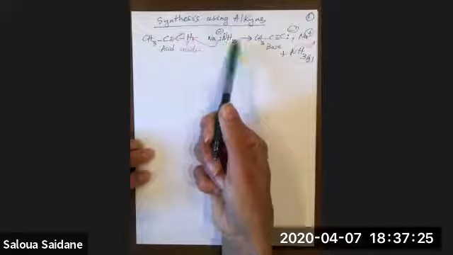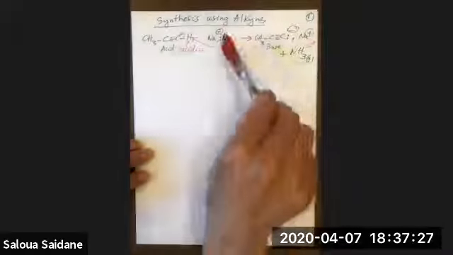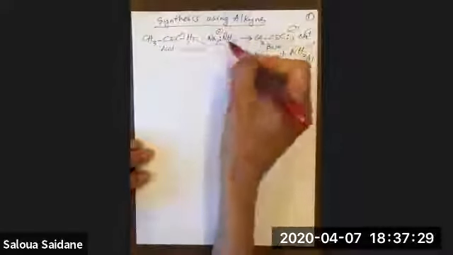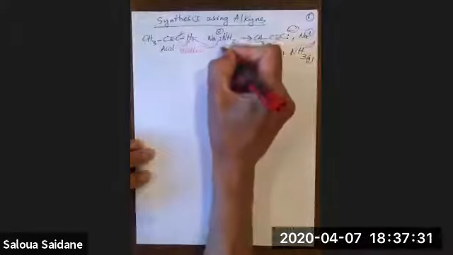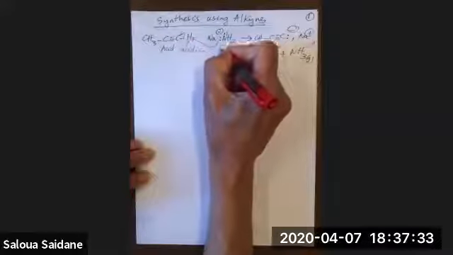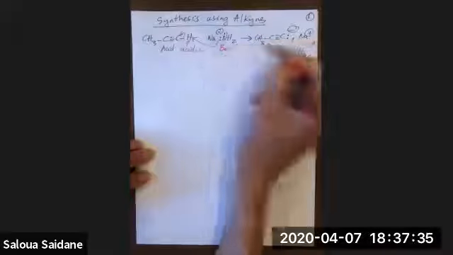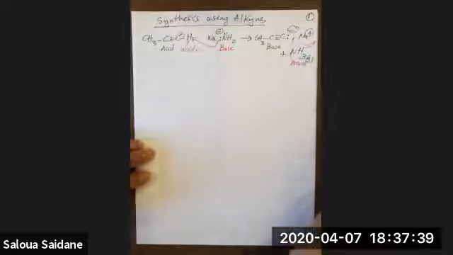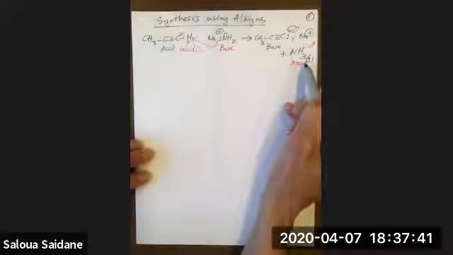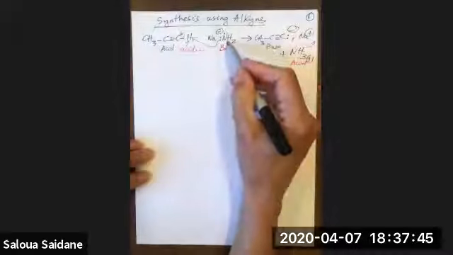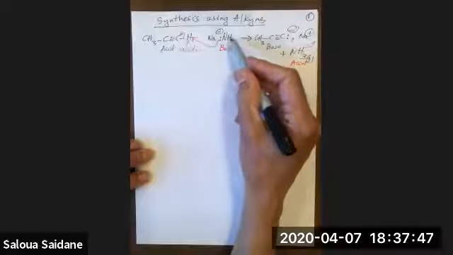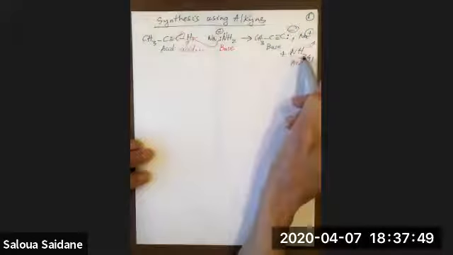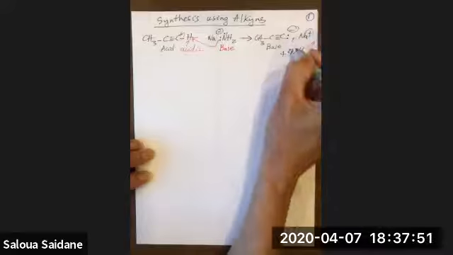And now on the other side, our sodium amide, this is a base, and this is its conjugate acid. So you see that NH3 is the conjugate acid of NH2 minus. This is considered acid, even though we know that it's a base.